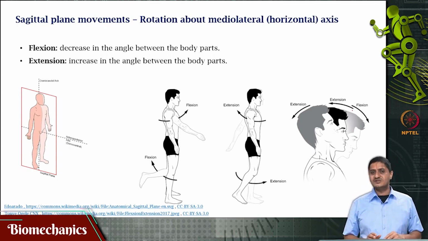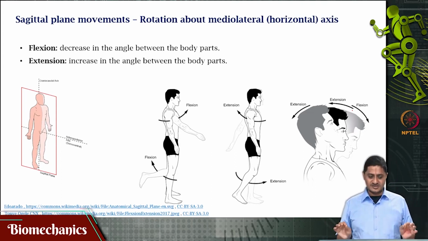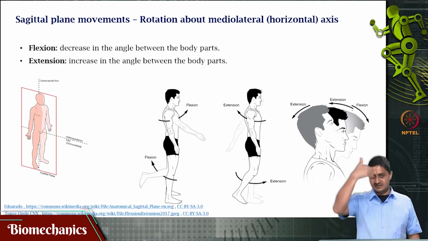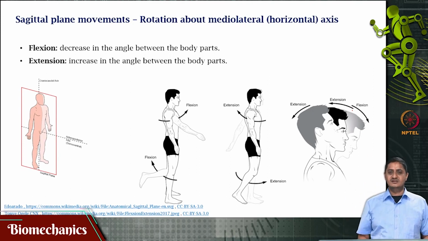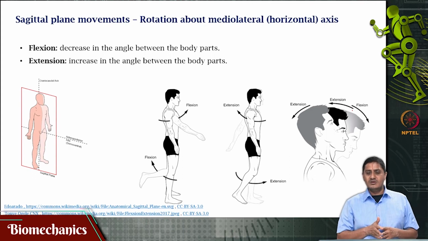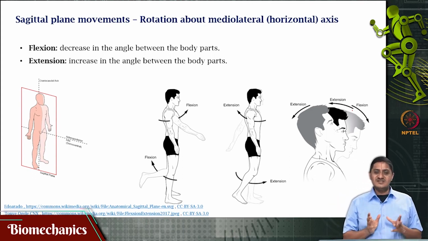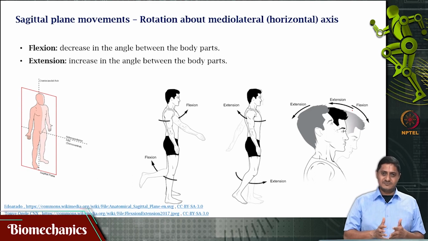Here we are only focusing on some sagittal plane, a plane that divides it into two parts, not necessarily two halves, a left side and a right side. It is like this. Now, what are the movements that happen within this plane?